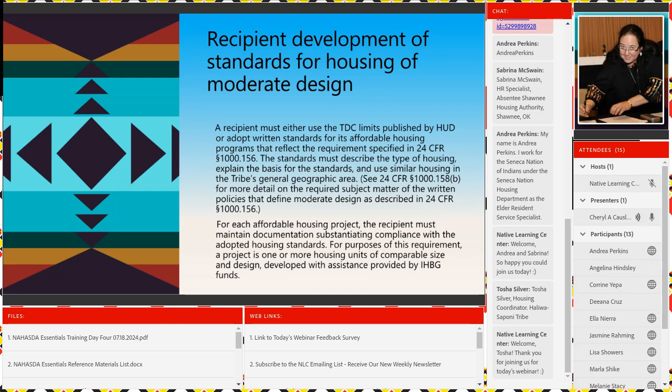You can read about that at 24 CFR 1158B for more detail on your required subject matter of your written policies that define moderate design as described at 1156. For each affordable housing project, you must maintain documentation substantiating the compliance with your adopted housing standards. And for purposes of this requirement, a project is 1 or more housing units is considered a project of comparable size, design, developed with assistance provided with your block grant funds.